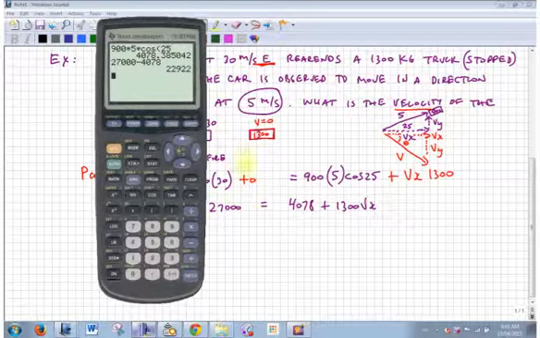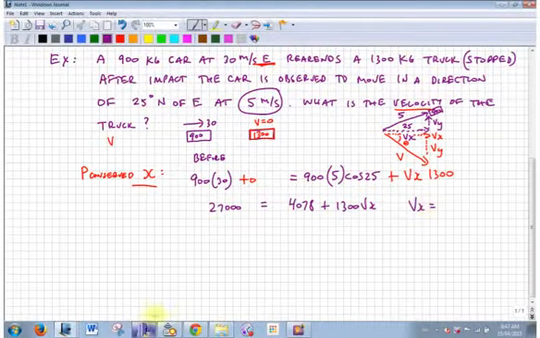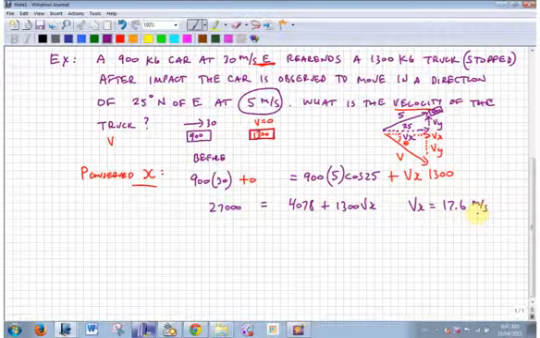That's 22,922 divided by 1,300. Okay, I'm going to skip a couple algebra steps here. That is Vx. 17.6. All right. Actually, darn it. For the truck, it's red.